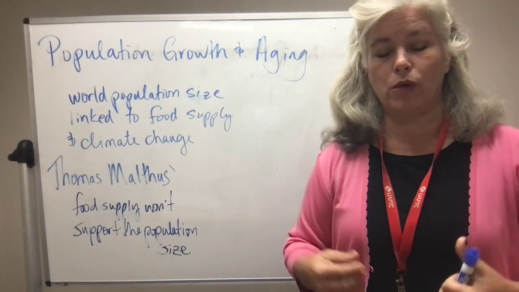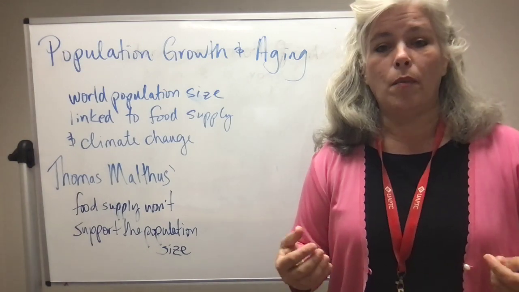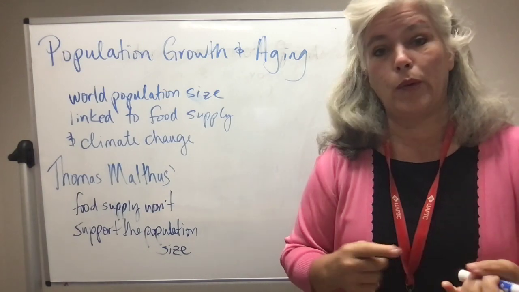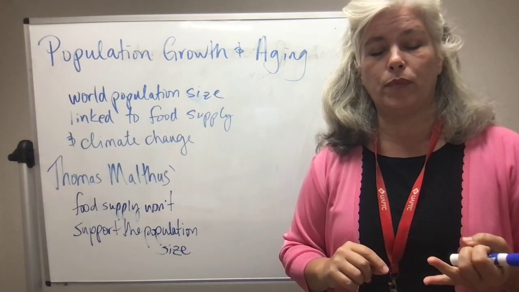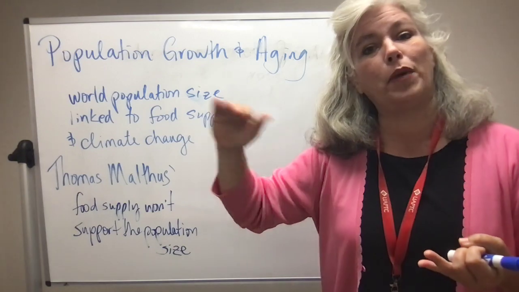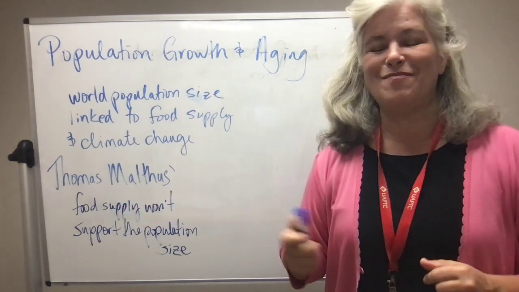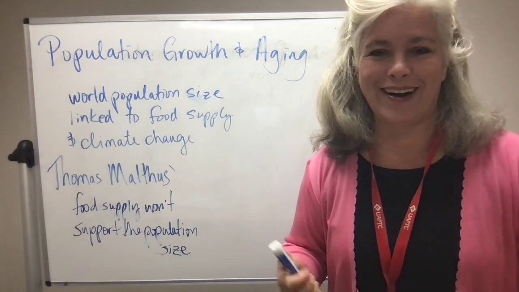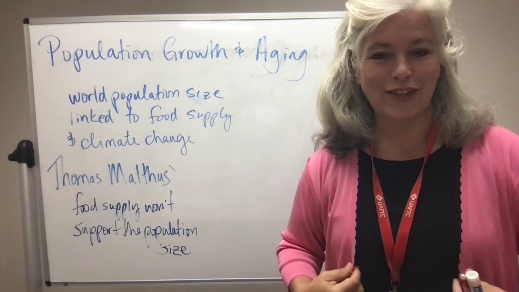And part of that was because agriculture was making it possible for people to be healthier. We had more calories, therefore we were healthier, and therefore we lived longer. And so people were having lots of kids because kids are the cheapest labor on a farm. This is back in the end of the 18th century that we're talking about.